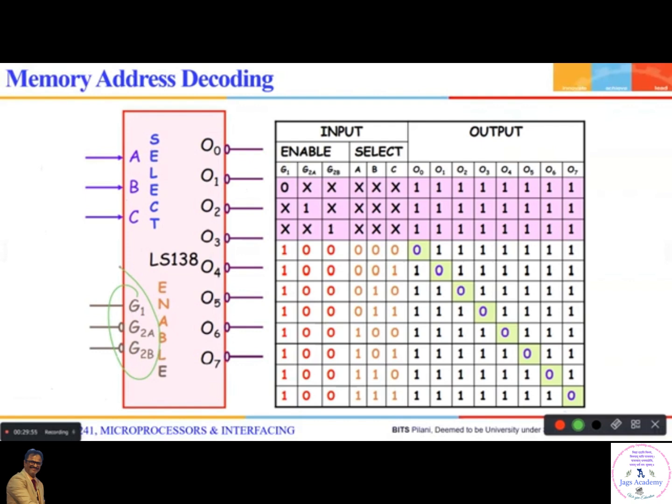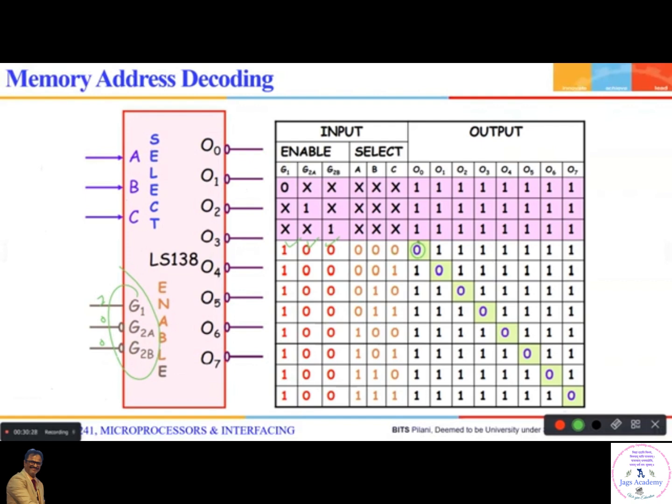Whenever you have 1 here, 0 here, 0 here, then only whatever I said is going to happen. See the truth table here. When you give ABC as 0, 0, 0, your O0 is going low and all others are high.